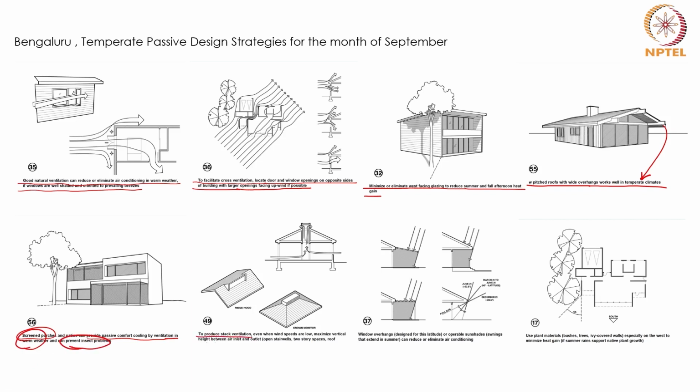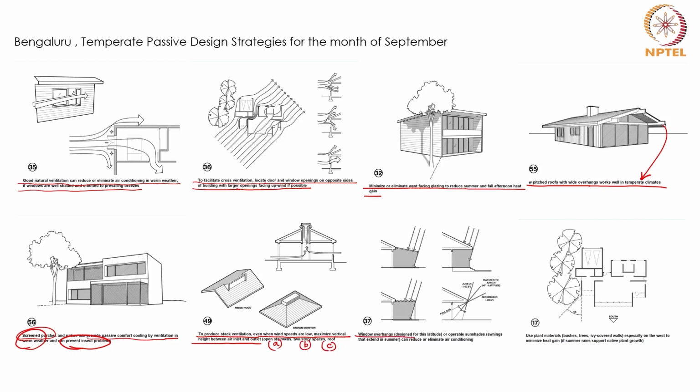To produce stack ventilation, even when wind speeds are low, we must maximize vertical height between air inlet and outlet by using stairwells, double-storied height or attic roofs.